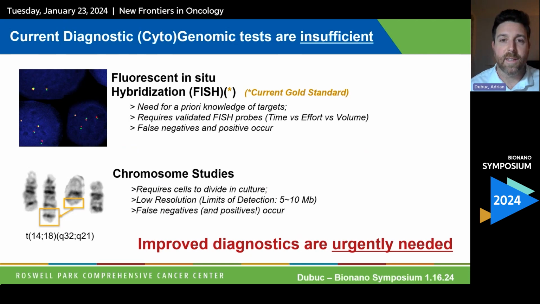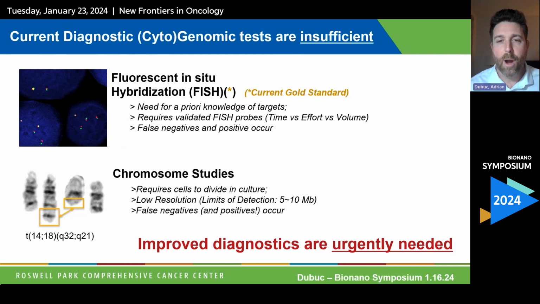It also requires extensive validation of FISH probes, and this suddenly enters a different challenge and complexity in regards to the operational structure of a lab and balancing the time versus effort versus resources and volume effort to say, is this a test that we can afford to bring in-house? And unfortunately, FISH also suffers from both false negative and false positive occurrences, some of which I'll be describing over the course of my presentation.